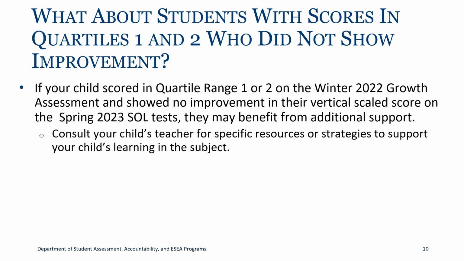If your child had a vertical scale score in score range 1 or 2 on the winter 2022 growth assessment and showed no improvement in their vertical scaled score on the spring 2023 SOL test, they may benefit from additional support. Consult your child's teacher for specific resources or strategies to support your child's learning in the subject.